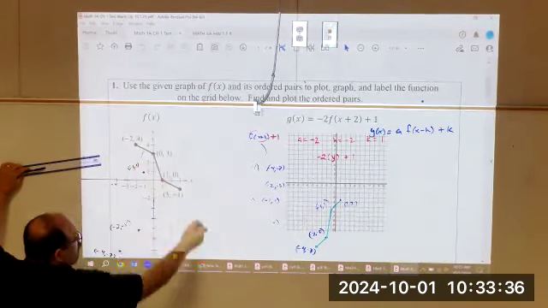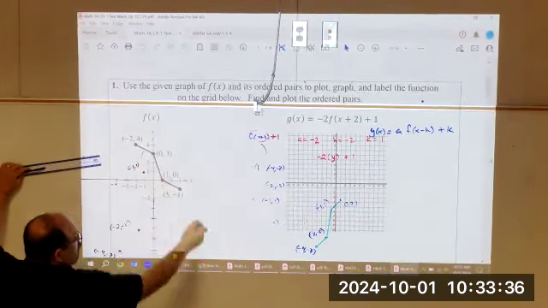This one, 2 to the left, it was 4. We double it, it was 8. Put it down to -8 and then shift it up to -7. This was at 3, went over to -2. Multiplied by -2, became -6. Plus 1, we're at -5. This was at 1. We went to the left 2 units, we're at -1.